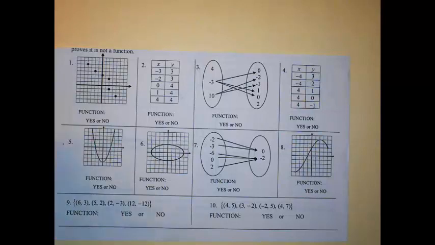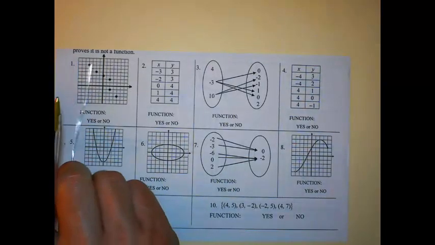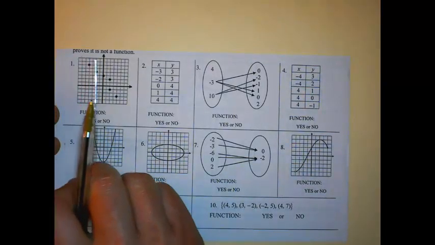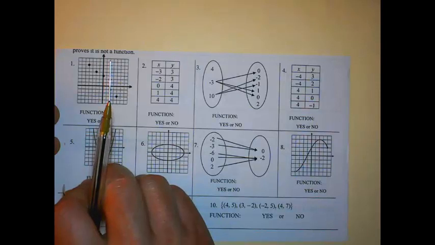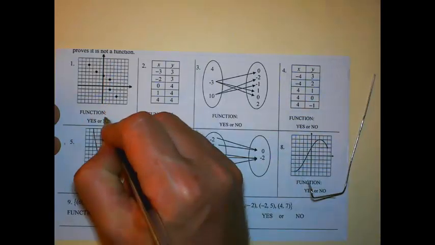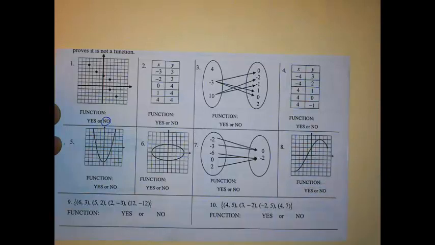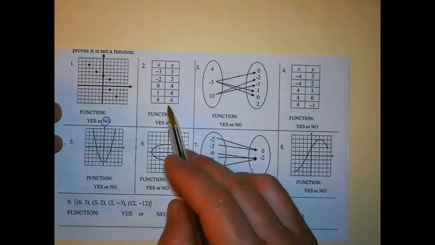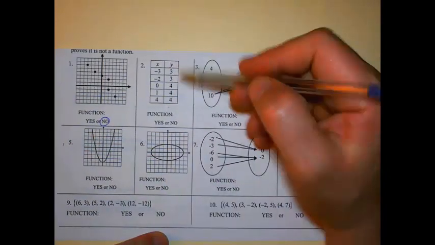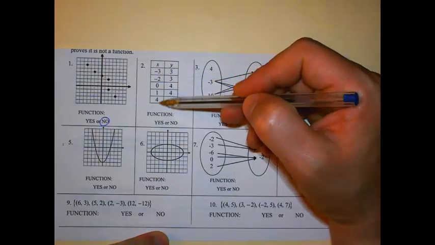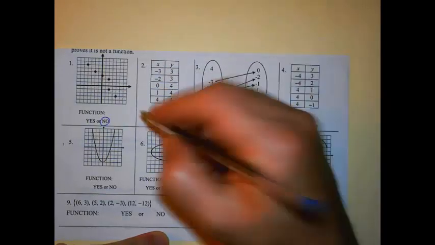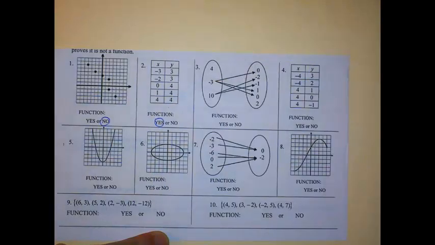In this case right here I have a graph, so I'm going to use my vertical line test, and as I move from left to right I see that I'm touching 2 points at the same time, so therefore it is not a function. Okay, problem number 2, I have a table, so I check, does the x value repeat? It does not, so yes, it is a function.